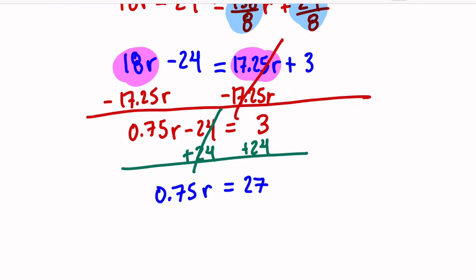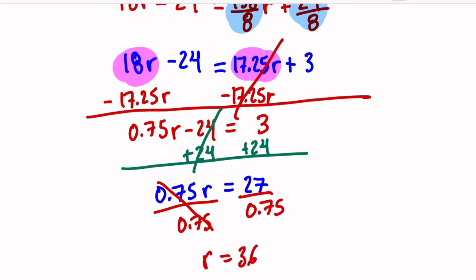Finally, we're going to divide by 0.75 on both sides of the equation. So 0.75 over 0.75 cross out, bring down the r, and then 27 divided by 0.75 is 36. We actually got a nice whole number. So r equals 36, and that's it for this problem.